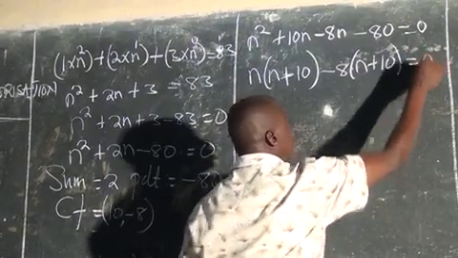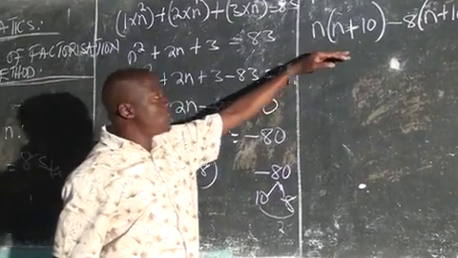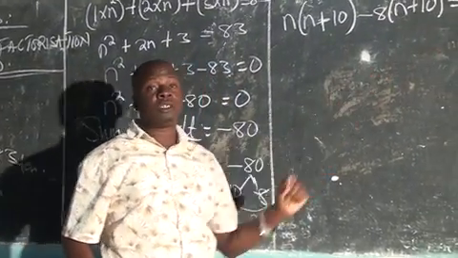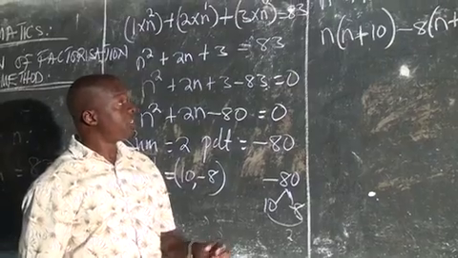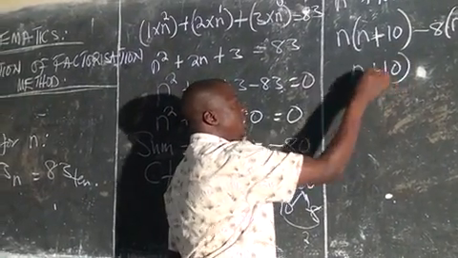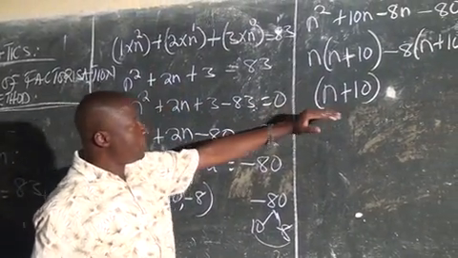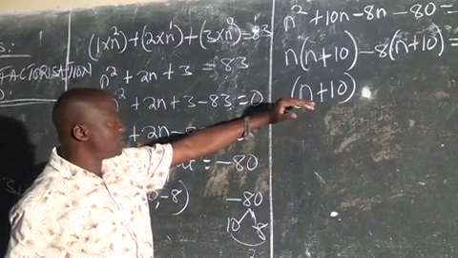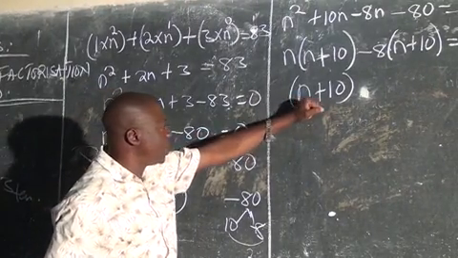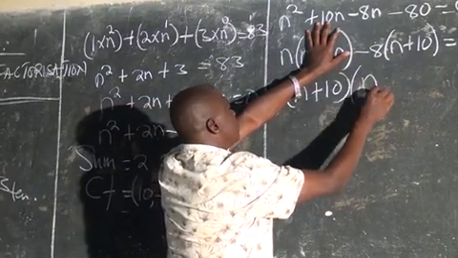But the outcome should be 0. Let us observe. There is something common, and that is n plus 10. n plus 10 is the common factor. So we pull out n plus 10; we cover that, there is a balance of n.